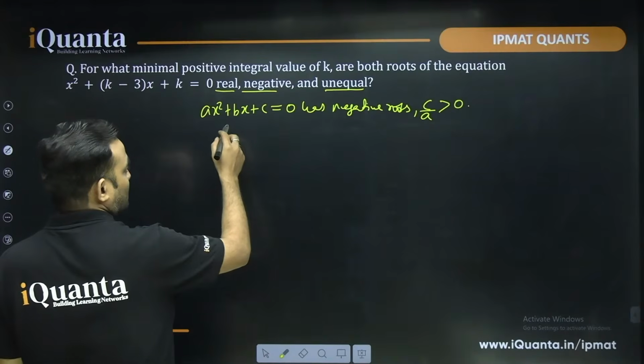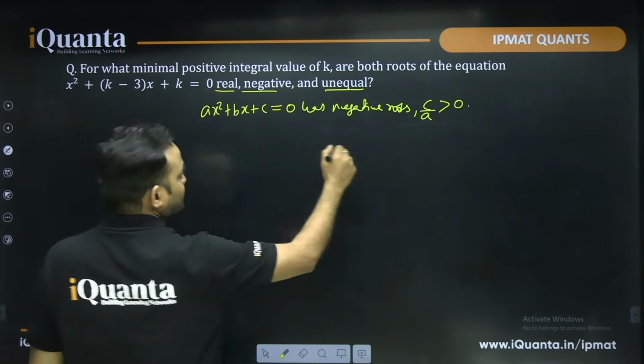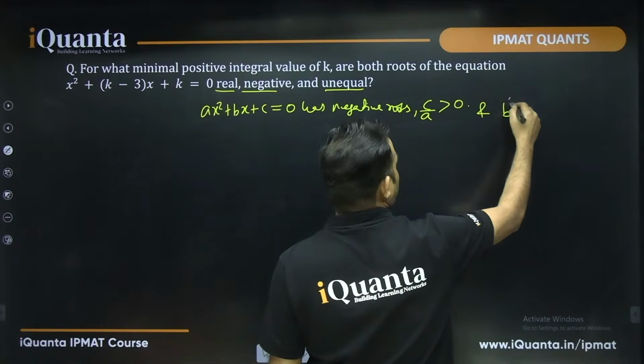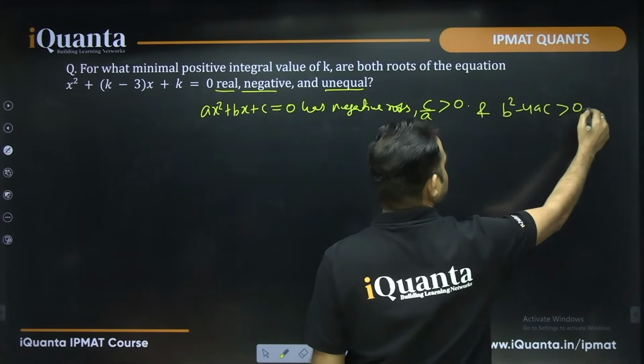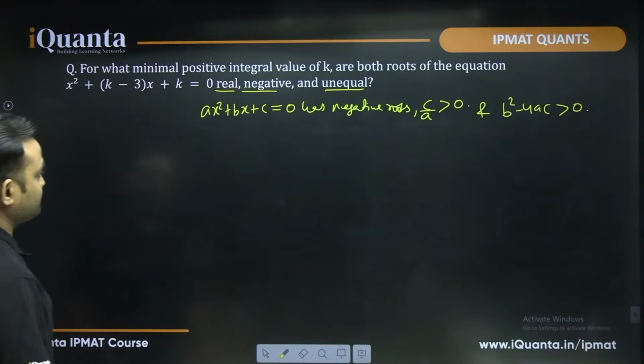Then b square minus 4ac should be greater than 0. That's it.